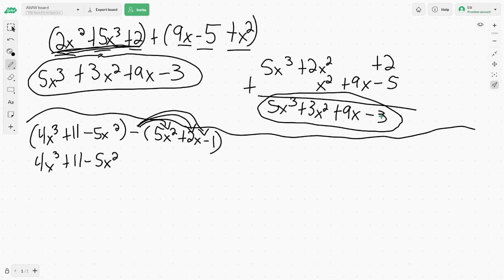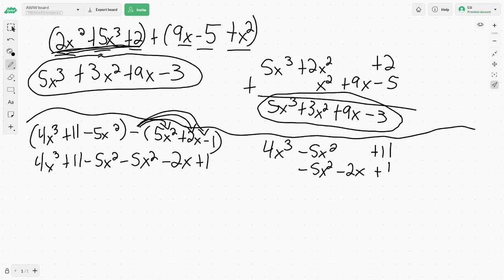So this positive 5x squared is now a negative 5x squared. This positive 2x is now a negative 2x. And this negative 1 is now a positive 1. So we can do the same thing here. We can do the 4x cubed minus 5x squared, skip a space for x's, plus 11. And then now we have negative 5x squared minus 2x plus 1.